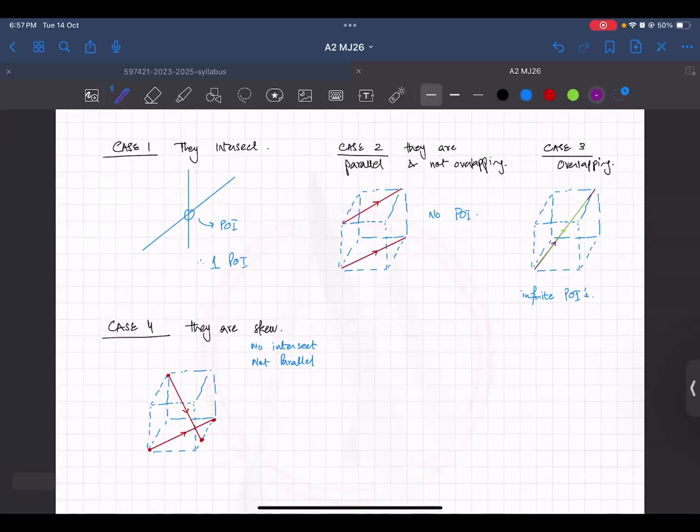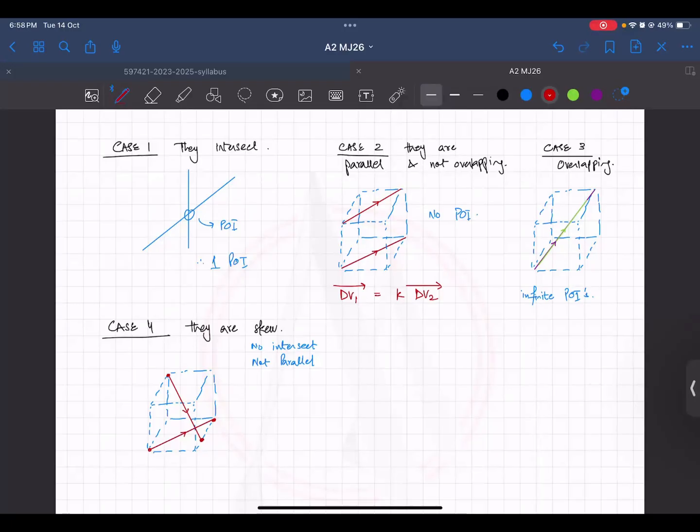Okay, now one more thing I forgot to tell you in case number two. When the two lines are parallel and they are not overlapping, their direction vectors would be the same. Direction vector 1 would be k times direction vector 2. I told you, whenever there are two parallel vectors, they are scalar multiples of each other.